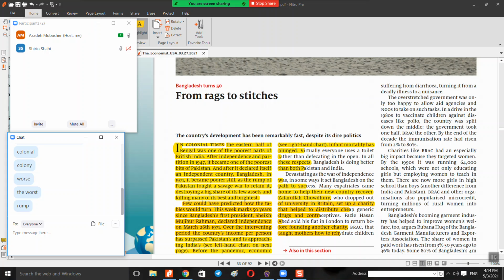But what is the grammatical point? Bezat said that it's a reduced clause. Yes, it is a reduced clause. But what type of reduced clause is this? When destroyed a big share of its few assets. It's not when destroyed. When it was destroying. No, not with a new subject.